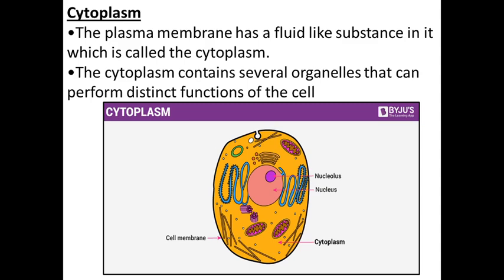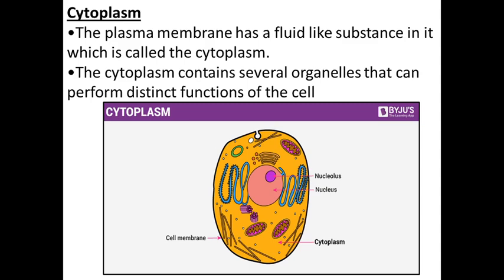So you can write the structure of the cytoplasm as a jelly-like fluid, like honey, like a jelly, and it is composed mainly of water and salt. There is a concentration of water in your cytoplasm, which is made up of water and salt.